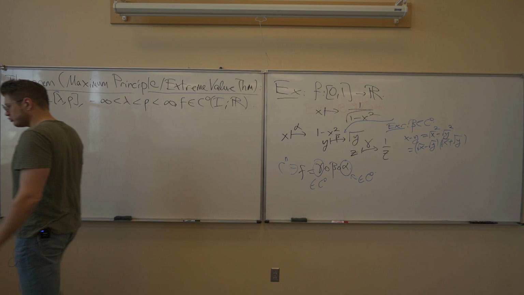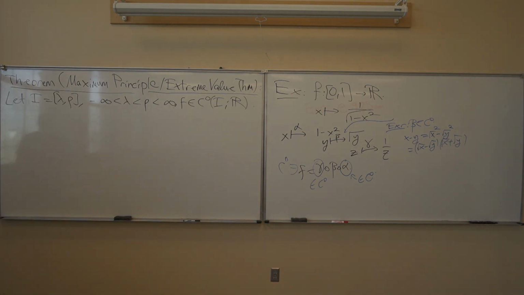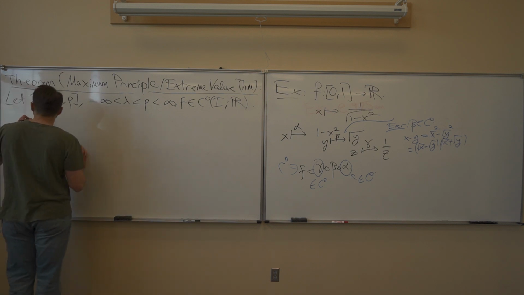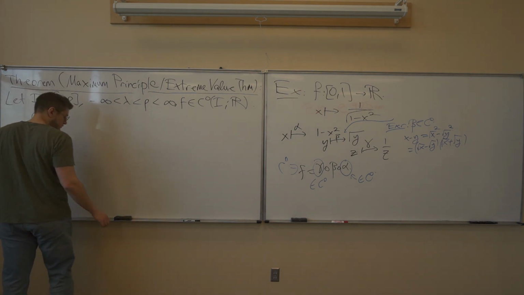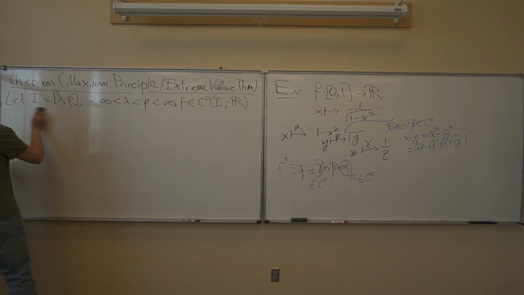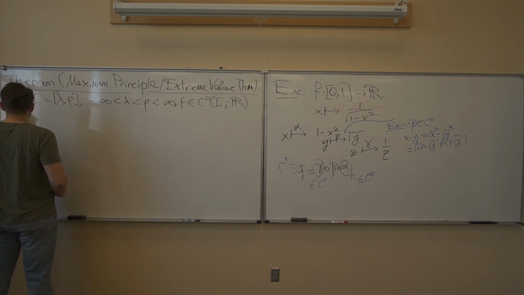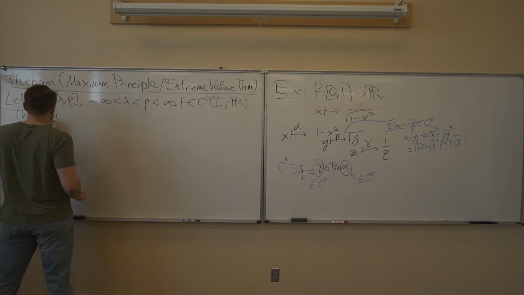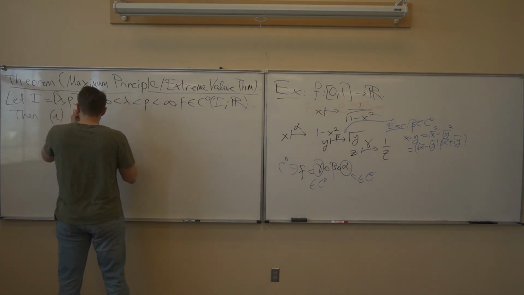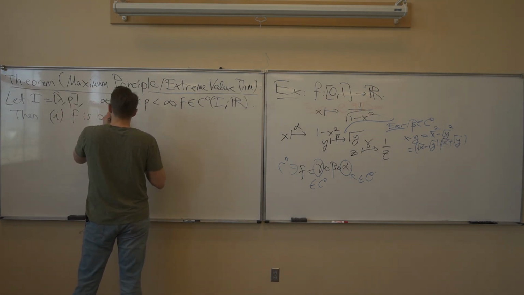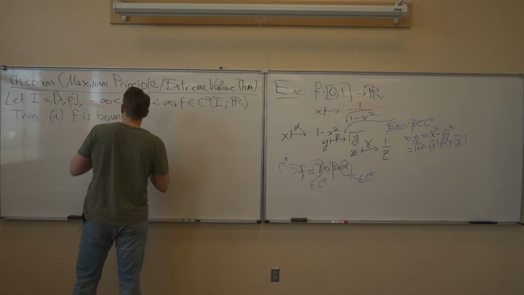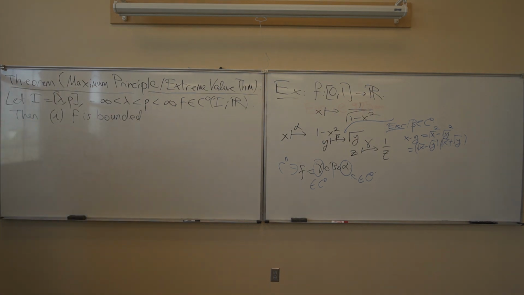Let's split it into two statements. First of all, item 1 is that f is bounded. So then, f is bounded. And of course, this means that its image is bounded.